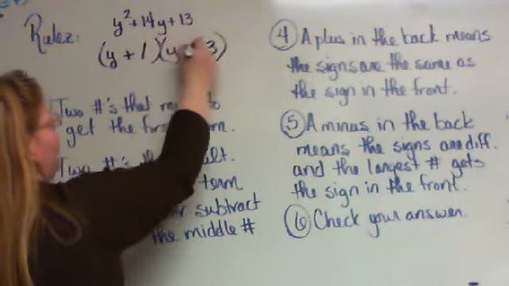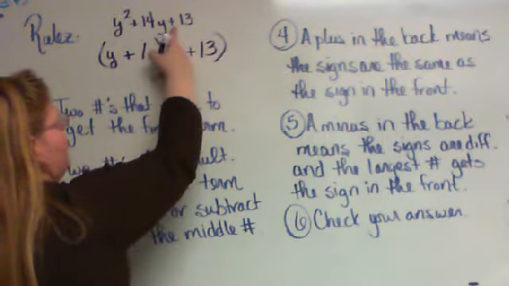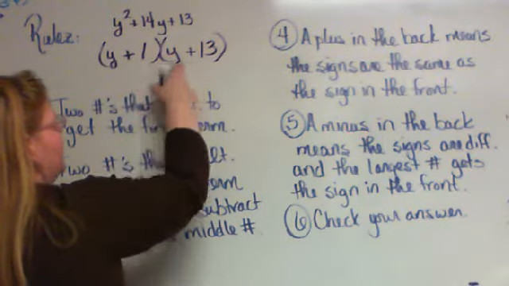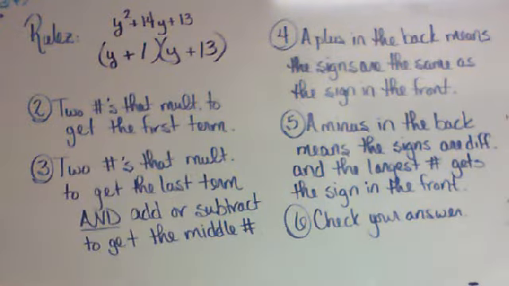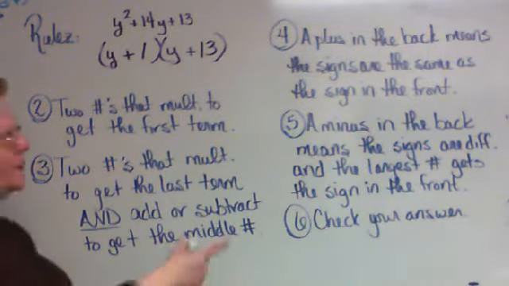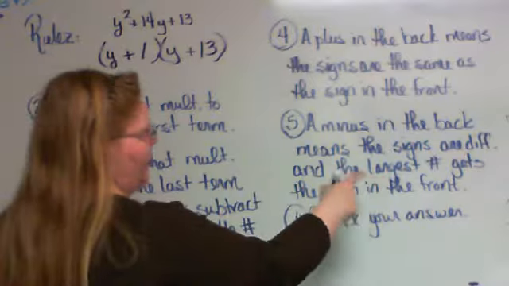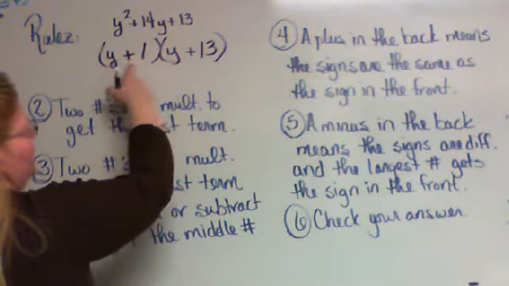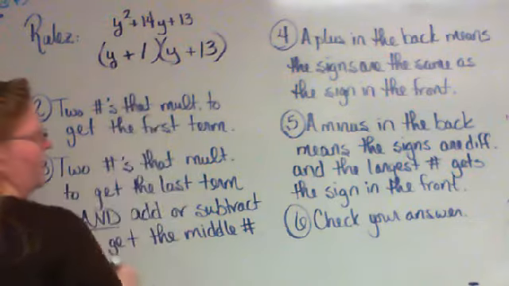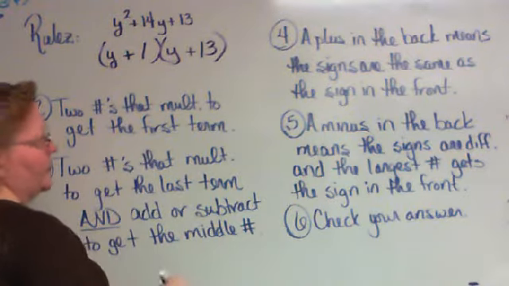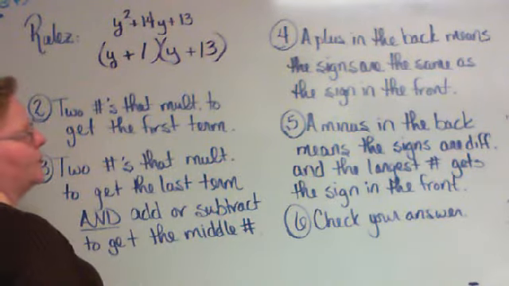That means they're both going to be plus. If we'd had a minus in the back, that means that these two signs would be different, and that the sign in the front would go to the larger number. But we don't have a minus in the back, so I don't have to worry about number 4.